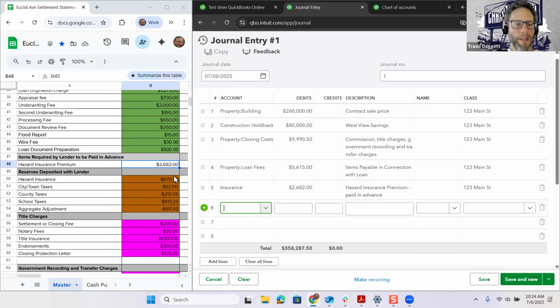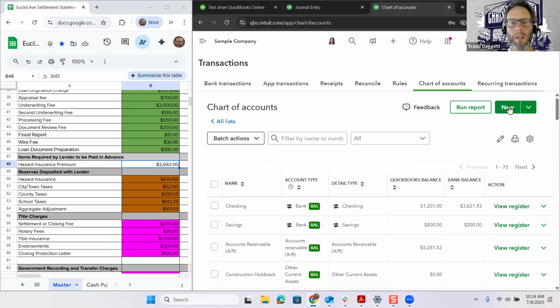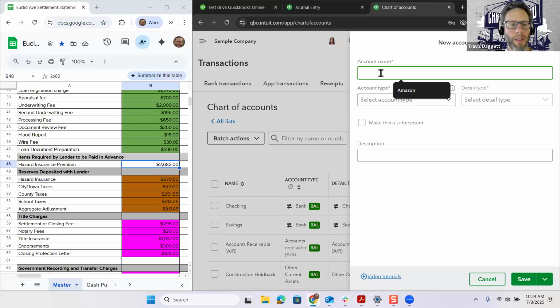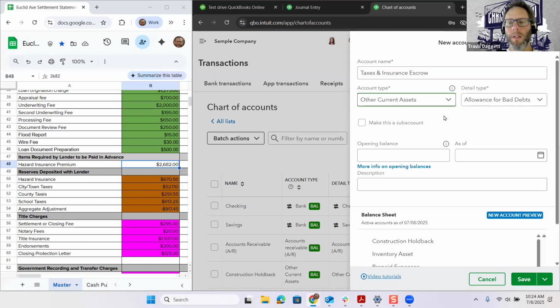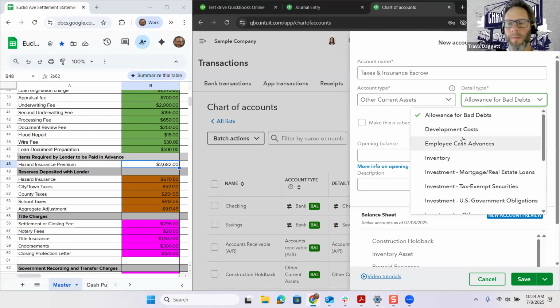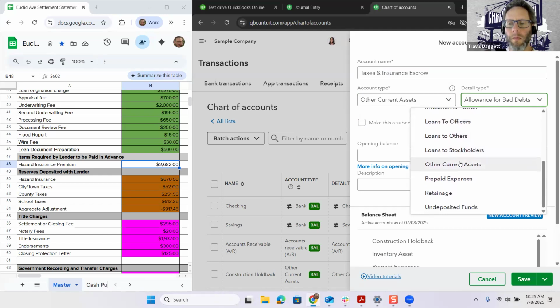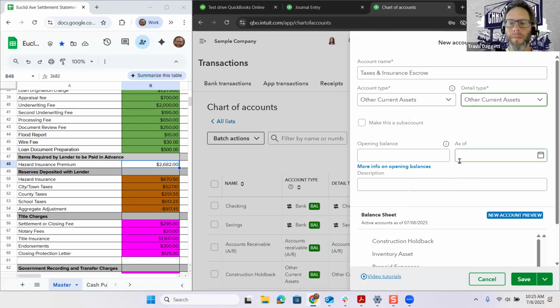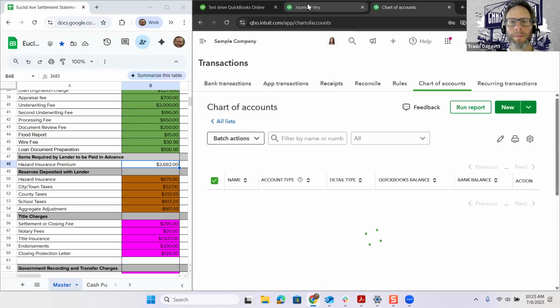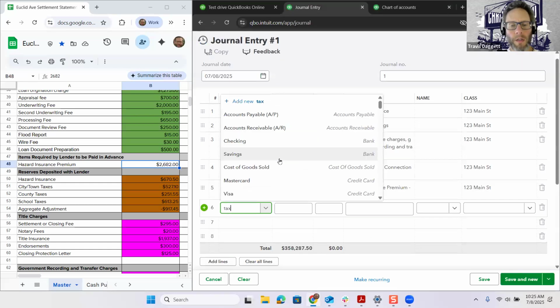Okay, next is the escrow amount. I'm going to create this. This is going to be taxes and insurance escrow. This is an other current asset. Perfect. Taxes.